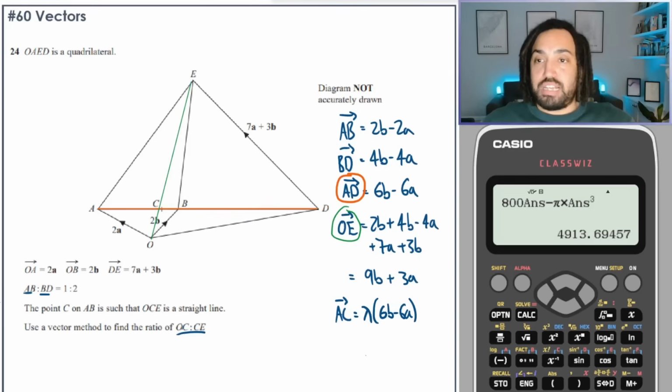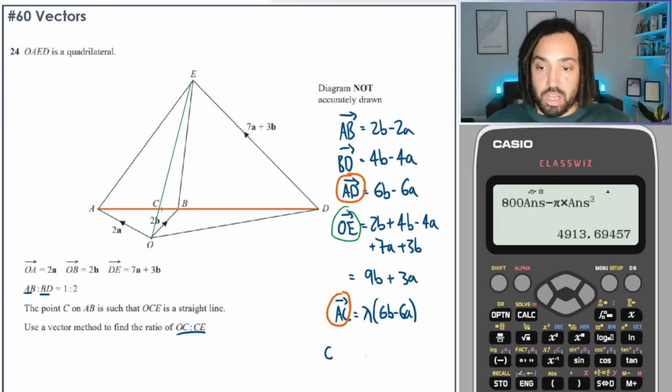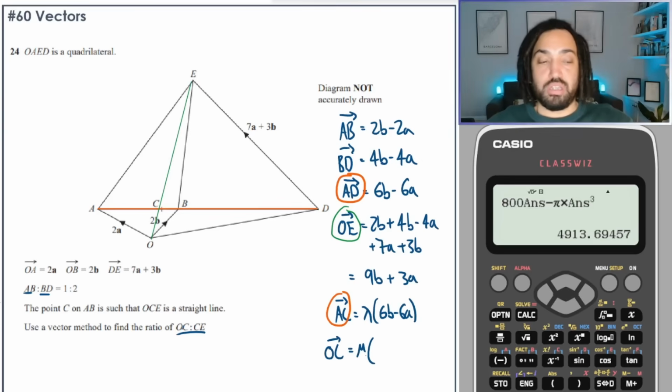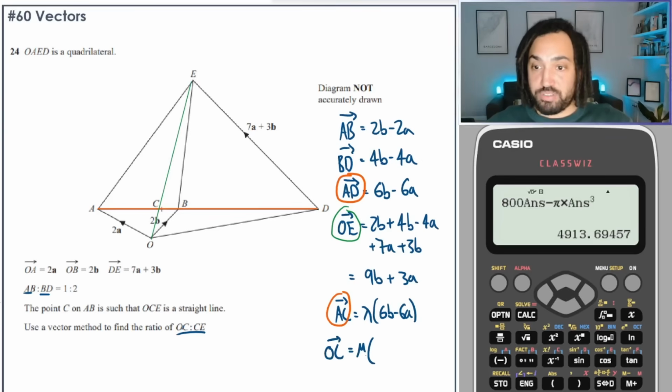And again, in terms of the green line, OC is some fraction of the green line. So it's a different fraction. I'm going to call it mu. But it is a fraction of the green line, which is 9b plus 3a.